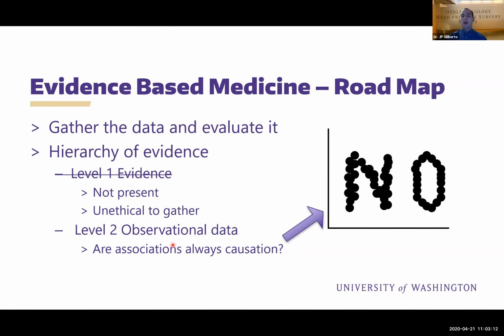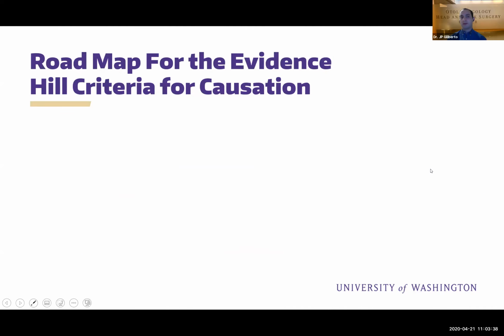However, these associations that we find in level 2 evidence are not always causation. As you can see by this graph here, it has a significant correlation with an R value of 0.23, but there's clearly no association. It's important that we have some sort of framework or roadmap in order to get through when you have primarily observational data or conflicting level 1 evidence.